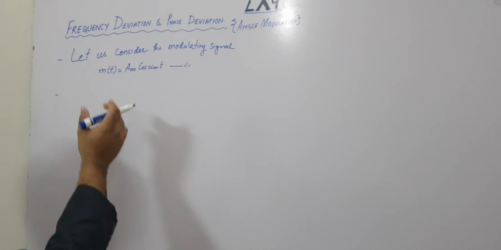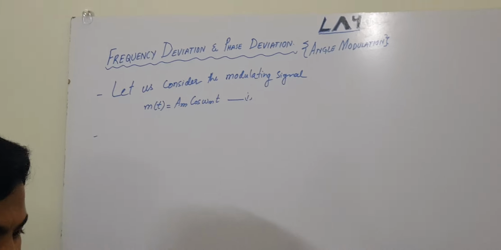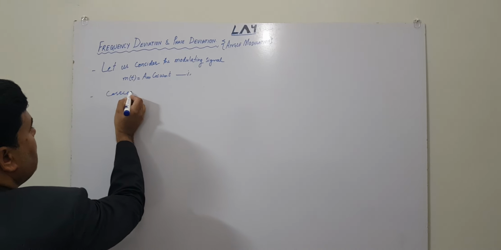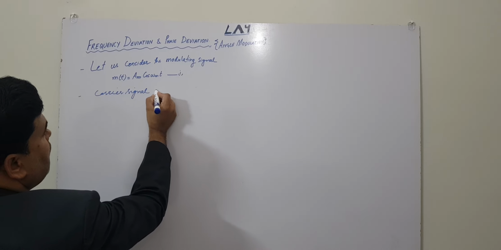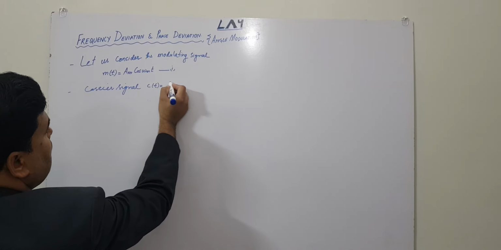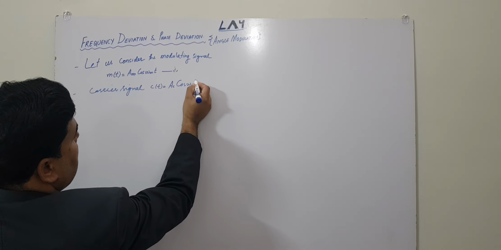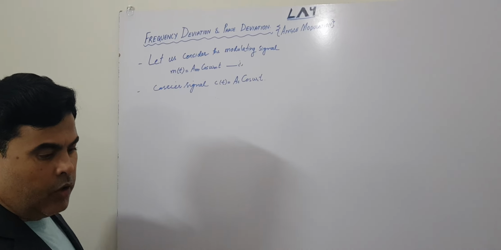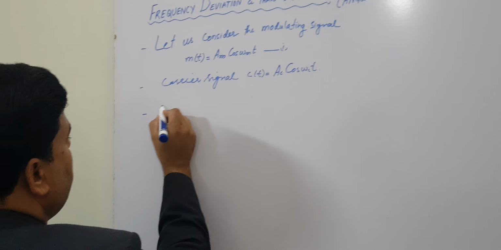So that is the modulating signal m(t) = Am cos(ωm t). Second, the carrier signal. So that is the carrier signal. Now we need to write the frequency modulated signal.